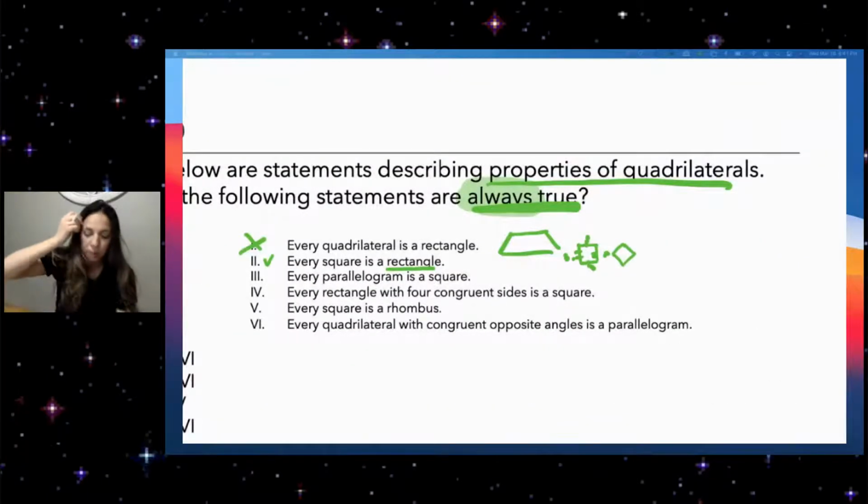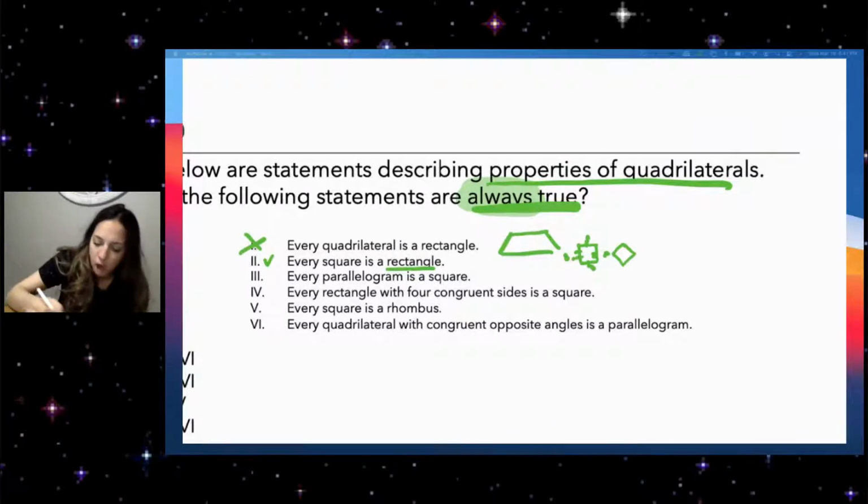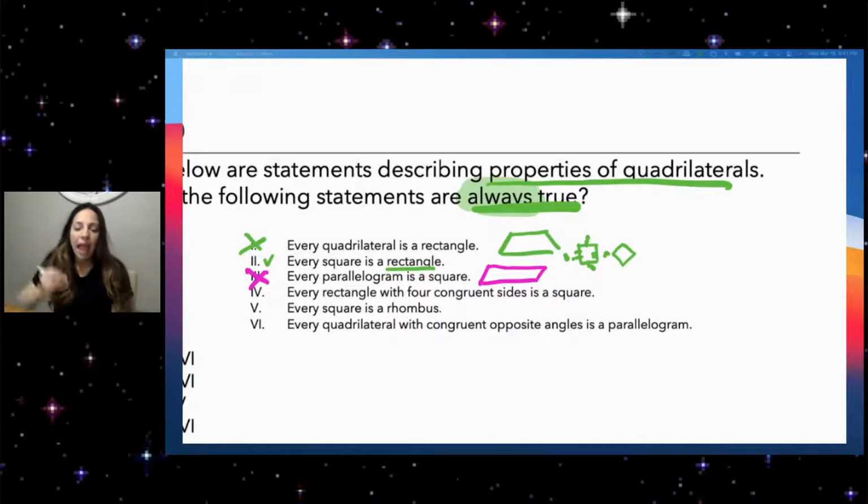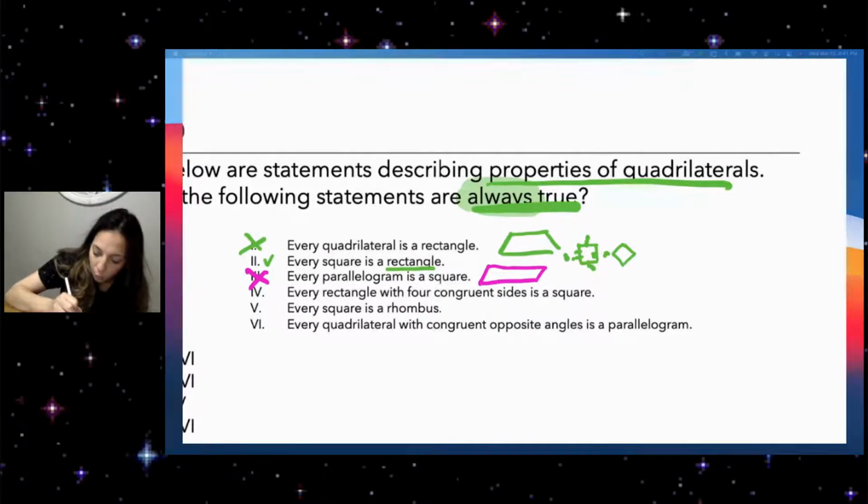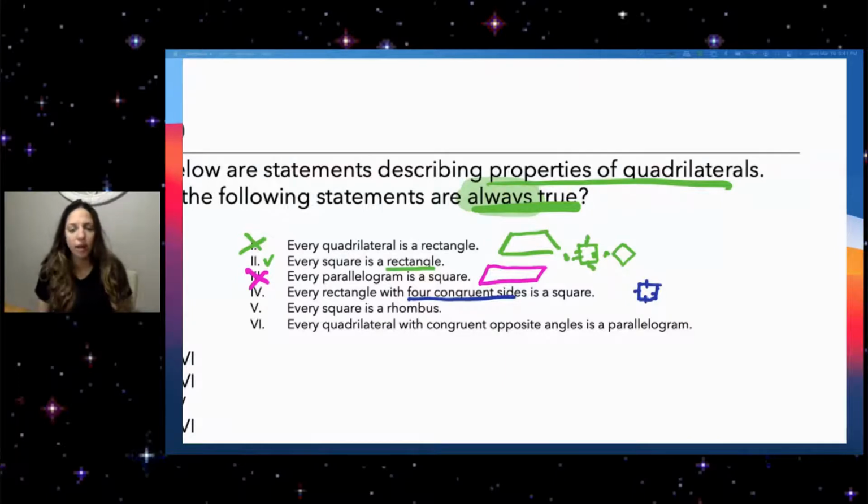Every square is a rectangle. Yes, absolutely. Every parallelogram is a square. Already, I know that that's not true because I can draw a parallelogram that looks like this, and that is definitely not a square. Every rectangle with 4 congruent sides is a square.